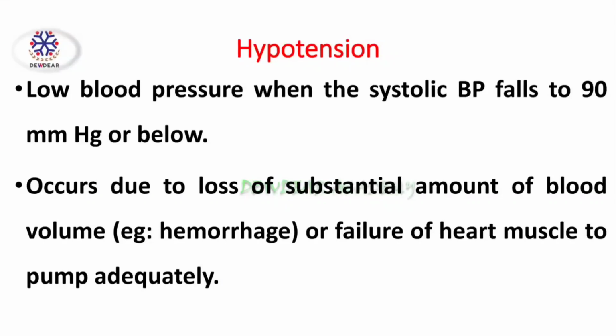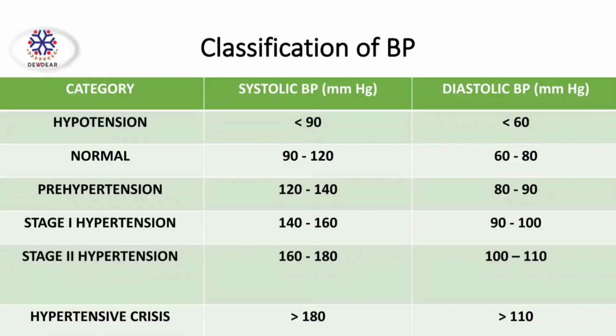to pump adequately. Regarding the classification of BP, it can be categorized into hypotension, pre-hypertension, stage 1 hypertension, stage 2 hypertension, and hypertensive crisis. Hypotension means the systolic BP is less than 90 and diastolic BP is less than 60. Normal BP is 90 to 120 millimeters of mercury systolic, and diastolic is 60 to 80 millimeters of mercury. For pre-hypertension, the systolic BP is 120 to 140 and diastolic BP is 80 to 90.